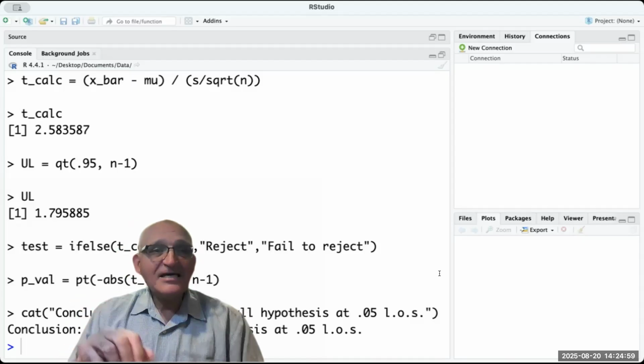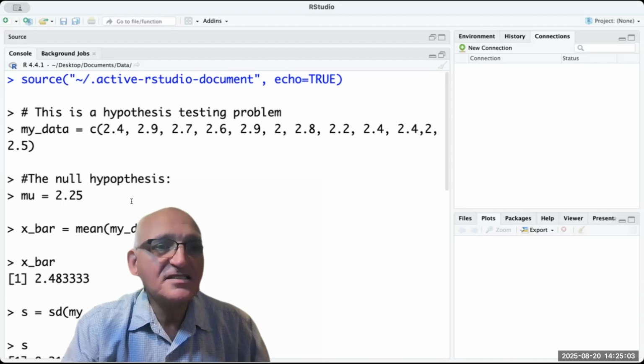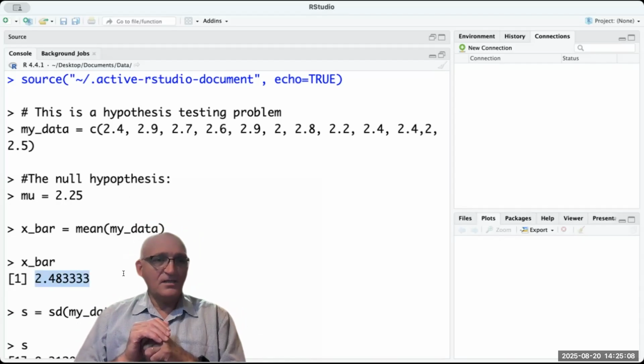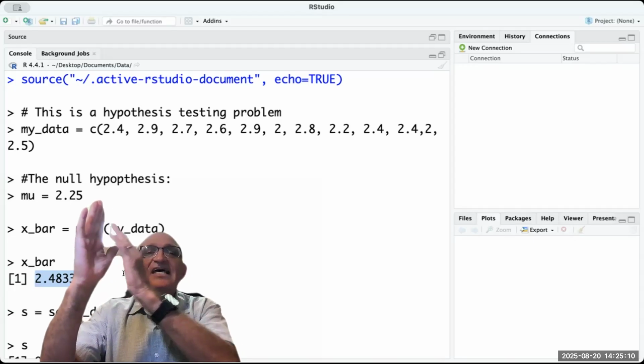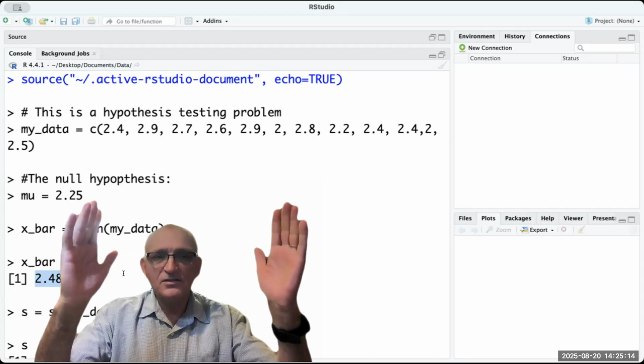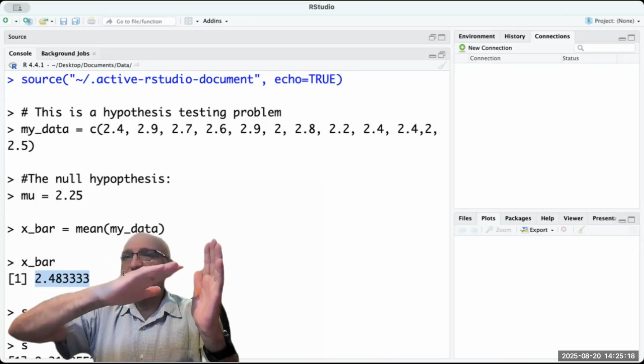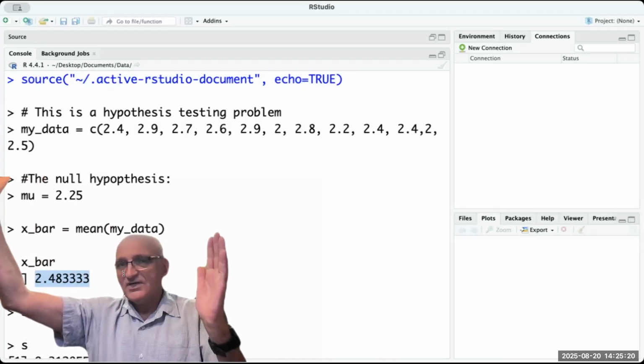Meaning, if I take my average, which is 2.4833, and I construct a lower bound confidence interval. Why lower bound? Because in the hypothesis testing, I was checking anything above a number.